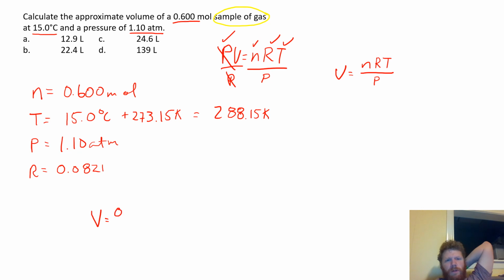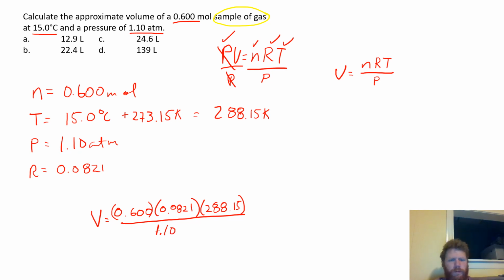So we can plug our numbers in. Volume is equal to 0.600 times 0.0821 times our temperature, which is 288.15, and divide all that by 1.10.